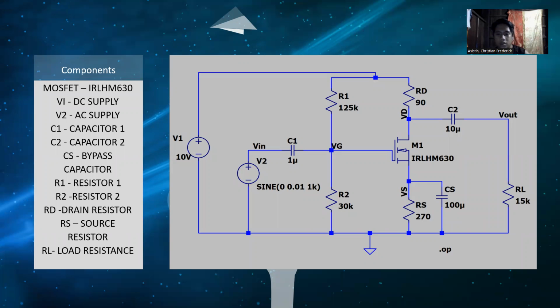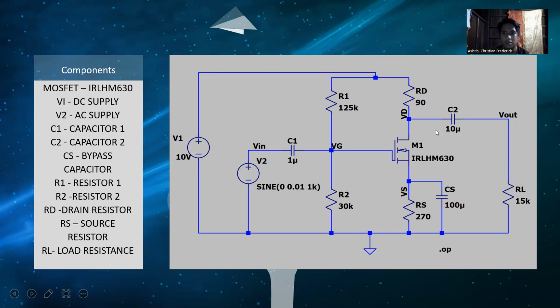So as you can see on my screen, I am showing you my circuit diagram. So what are the components? First of all, my MOSFET is IRLHM630. My V1 is a DC supply. My V2 is an AC supply. My C1, as you can see here.